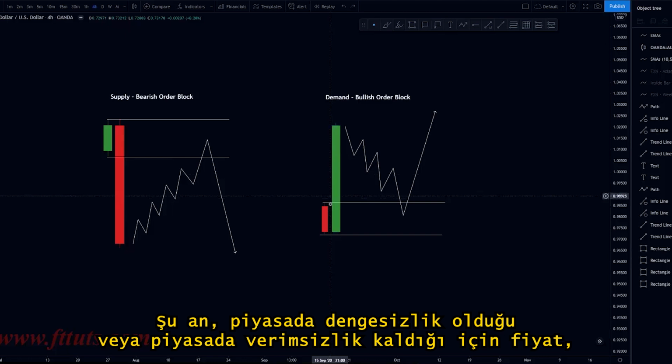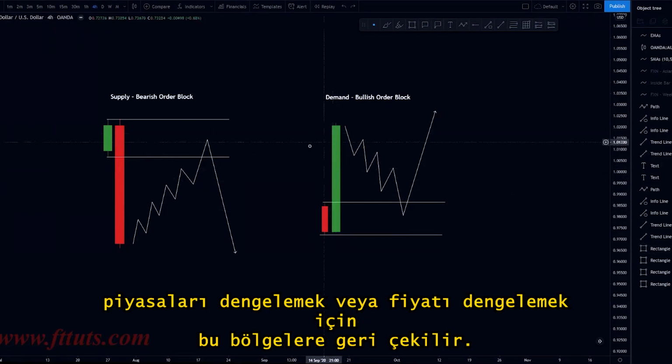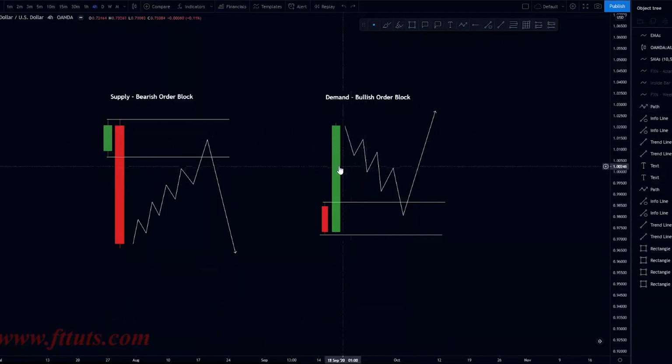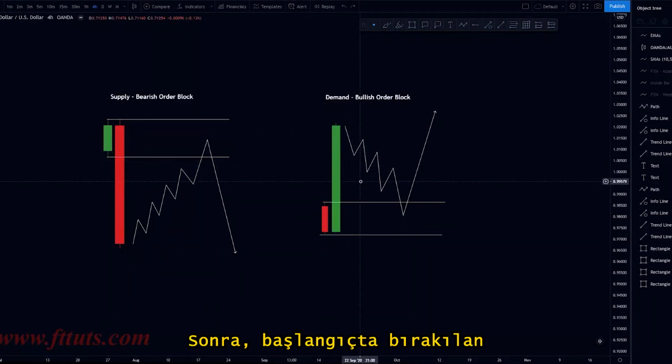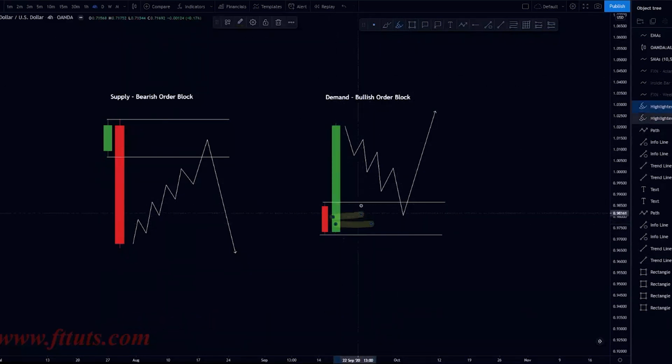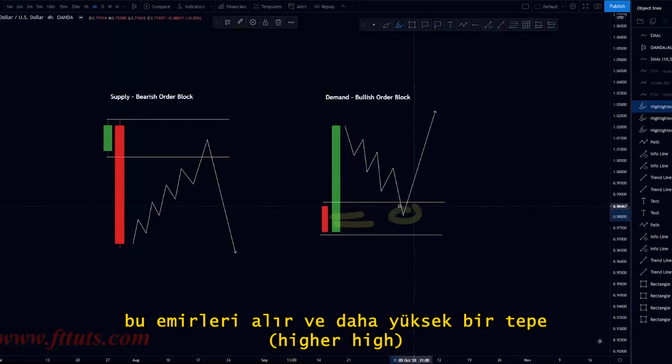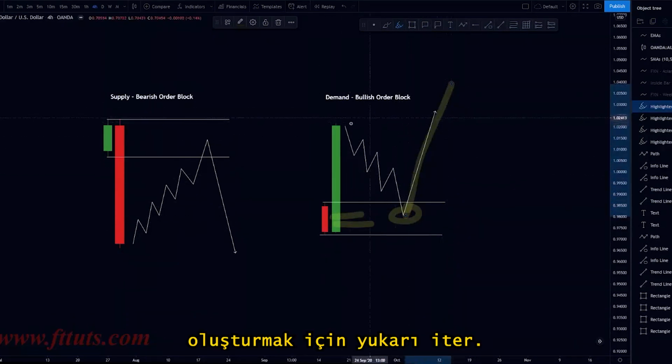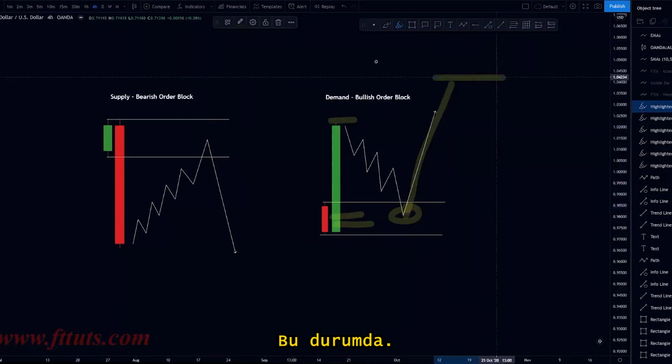Because there was imbalance or inefficiency left in the markets, price gravitates back to these areas to balance the markets, then taps into this order block where there are pre-existing orders that were left initially, grabs these orders, and then pushes higher to create a higher high in this case.